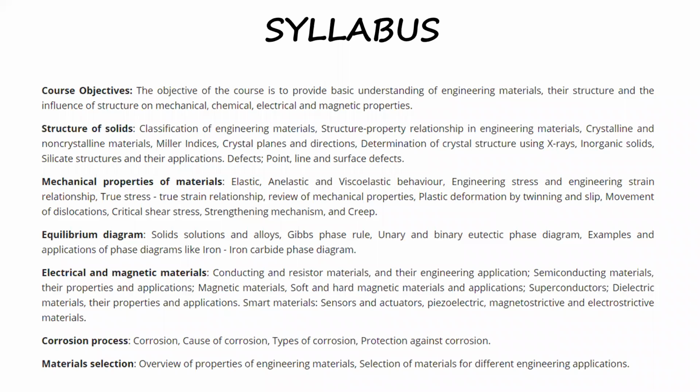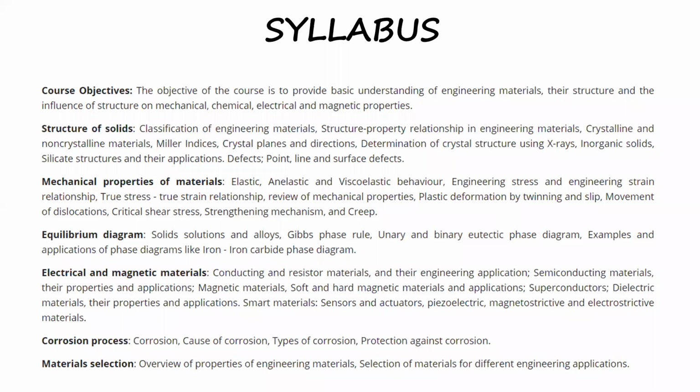Now, before we go into the minute details of the syllabus, the first obvious question which every student has in their mind is, what is the objective behind studying this course? As you are aware, this is a core course, and every student of engineering, irrespective of his or her branch, takes up this course.